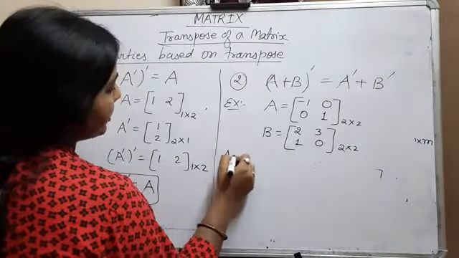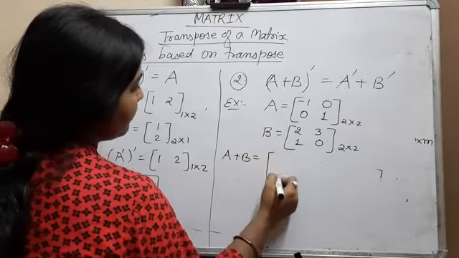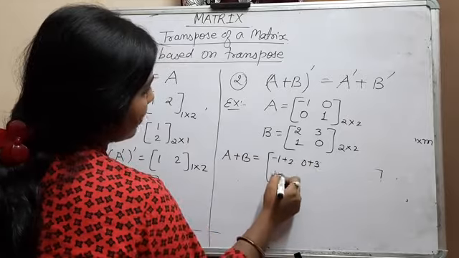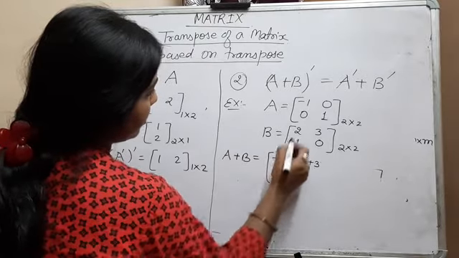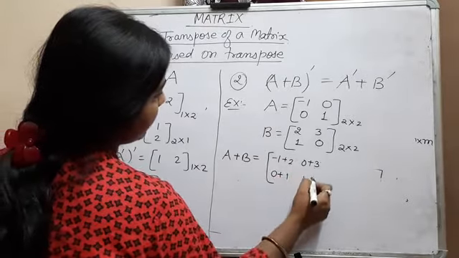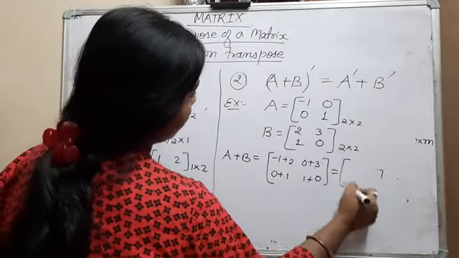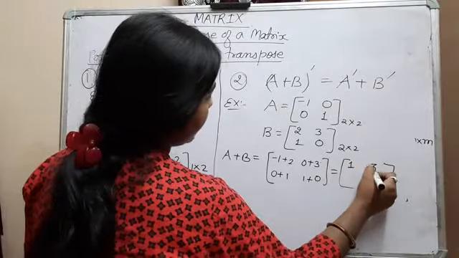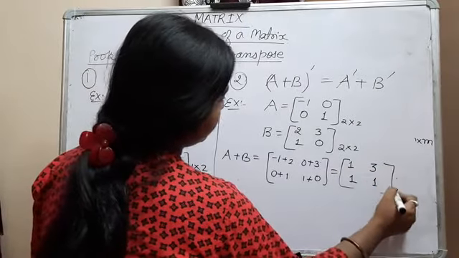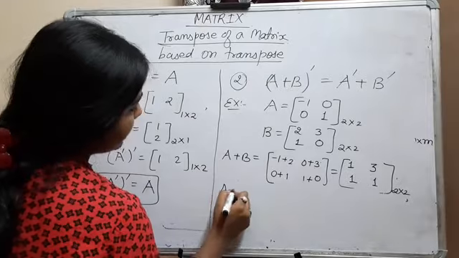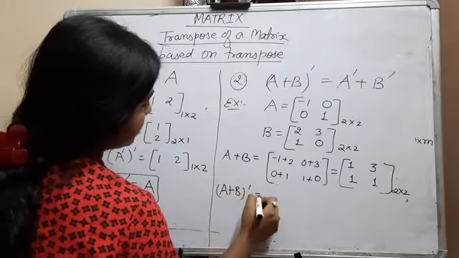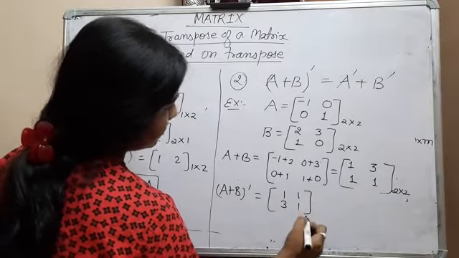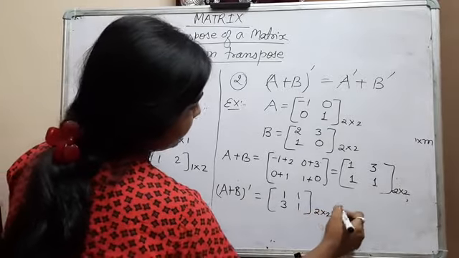First we will find A plus B. So A plus B is minus 1 plus 2, 0 plus 3, 1 plus 0, and 0 plus 1. So we get 1, 3, 1, 1, of 2 by 2 order. Finding the transpose, A plus B whole dash is 1, 3, 1, 1, again of order 2 by 2.